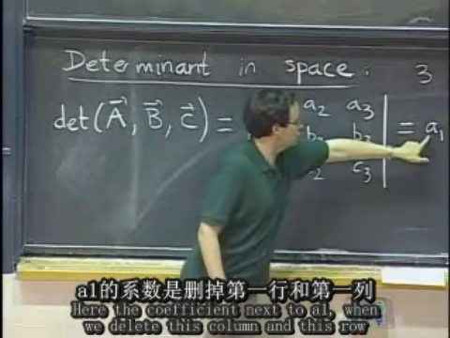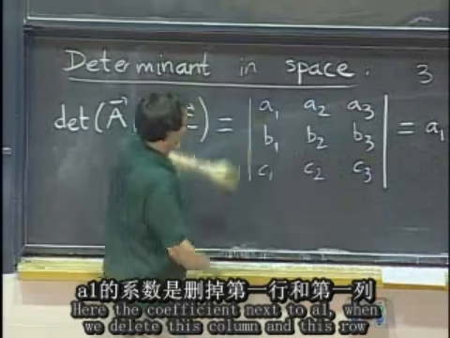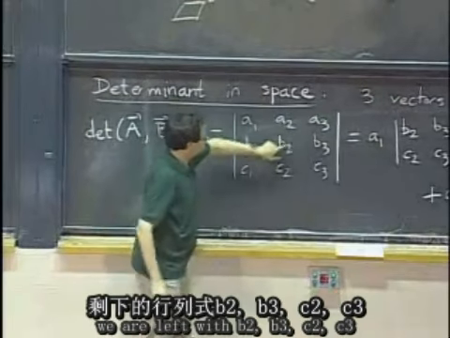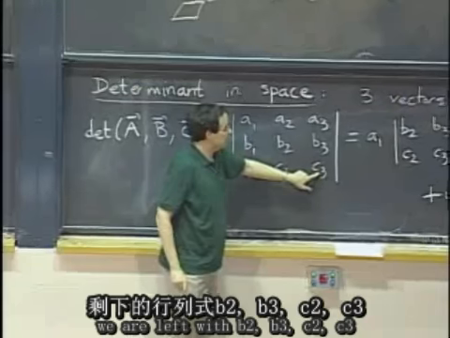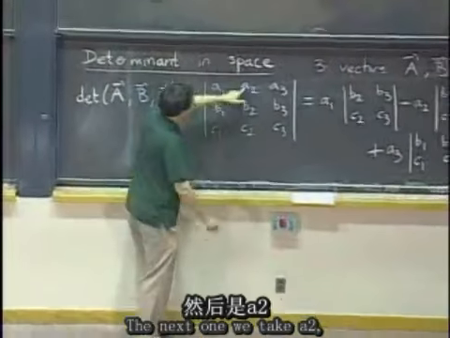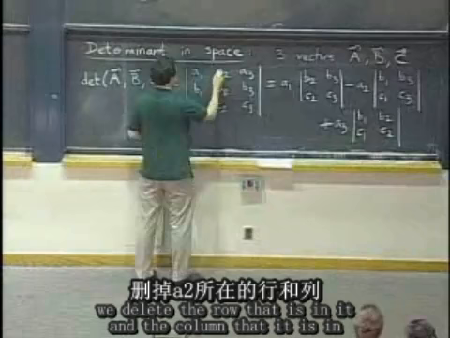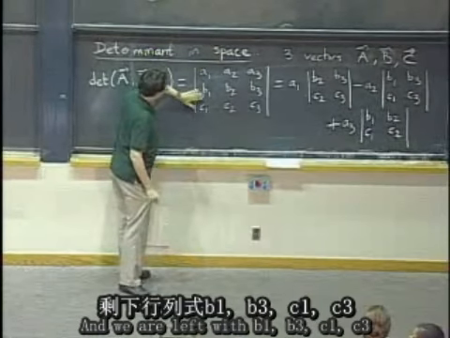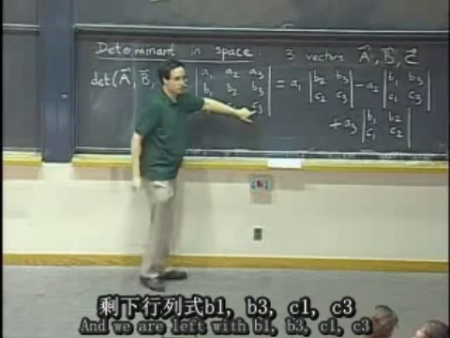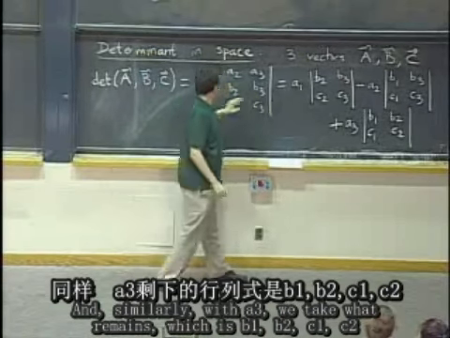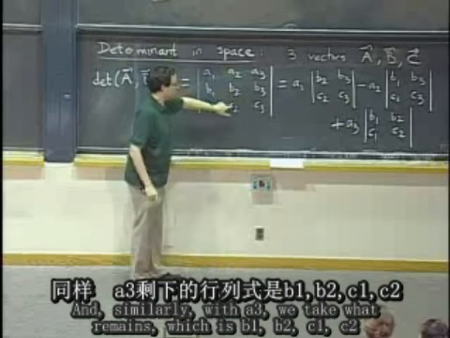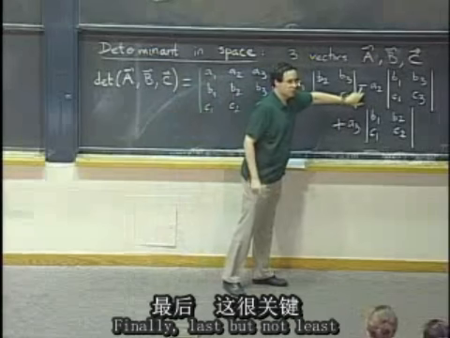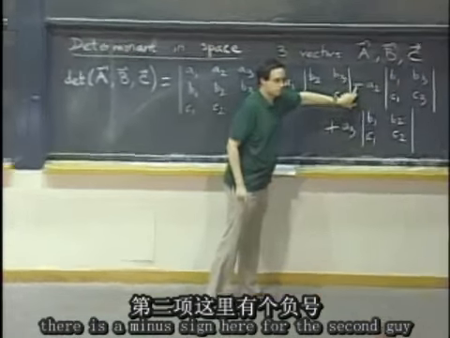Here, the coefficient next to A1: we delete this column and this row, and we're left with B2, B3, C2, C3. Next, we take A2, we delete the row and the column that it's in, and we're left with B1, B3, C1, C3. And similarly with A3, we take what remains, that's B1, B2, C1, C2. Finally, last but not least, there's a minus sign here for the second one.